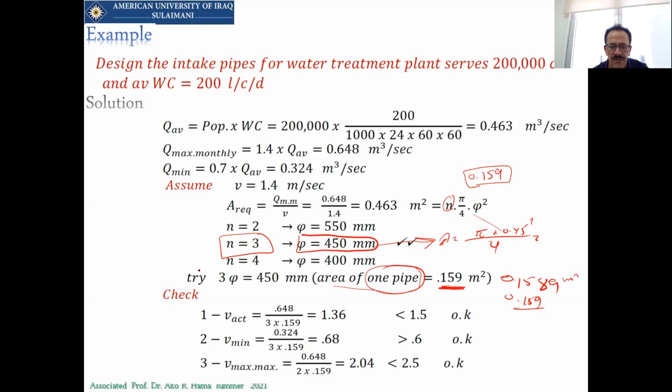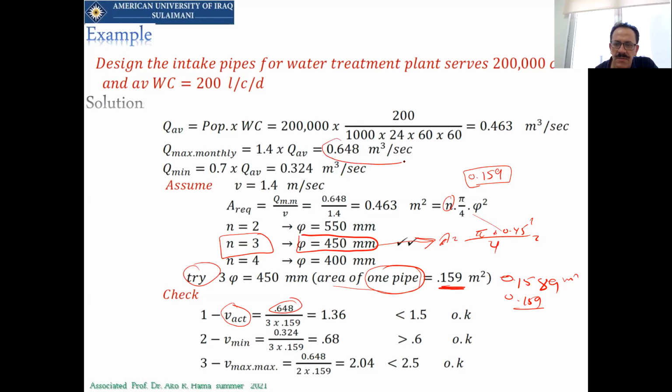So now, after deciding on the number of pipes, I agree with having 3 pipes, each with 450 millimeters diameter, meaning the area of one pipe is 0.159. It's time to check the velocities. The actual velocity is Q divided by the area.